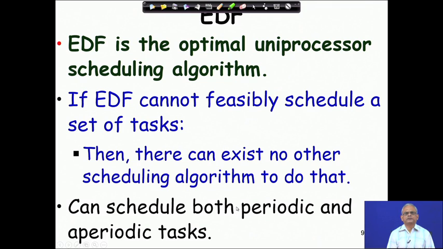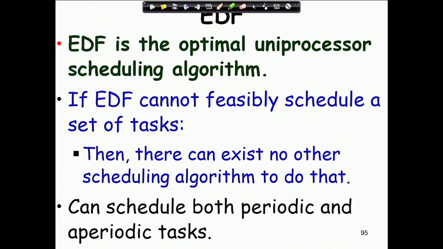First, let us look at EDF. If EDF cannot run a set of tasks, it is not necessary to look for another scheduler which can run these tasks, because there will exist no scheduler which can run it. EDF is an important scheduler.